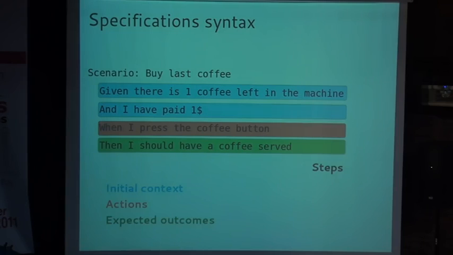Steps that are responsible for setting some initial context, those starting with the keyword given. We have steps that represent actions in the system, those starting with the keyword when, and those steps that check for expected outcomes of the system, those starting with the keyword then.